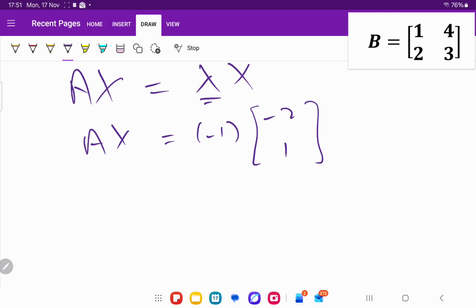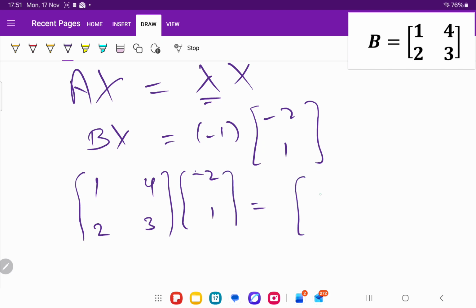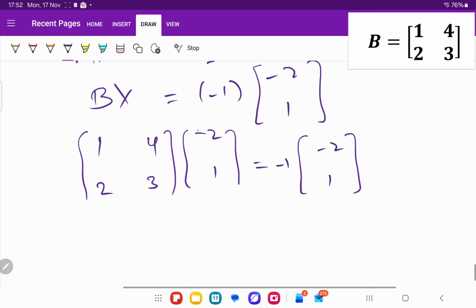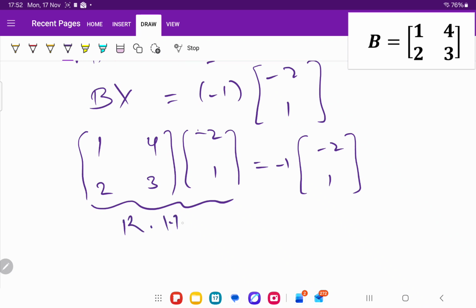Here it is B, so simply write B. B is 1, 4, 2, 3, and it should also multiply by x, which is minus 2 and 1, equal to minus 1 times minus 2, 1. So we have both the left hand side and the right hand side.